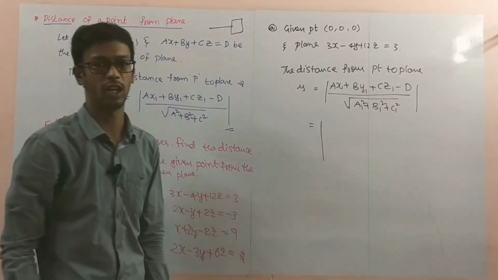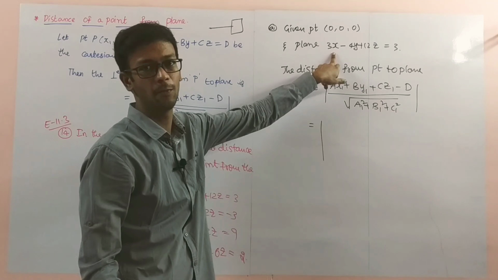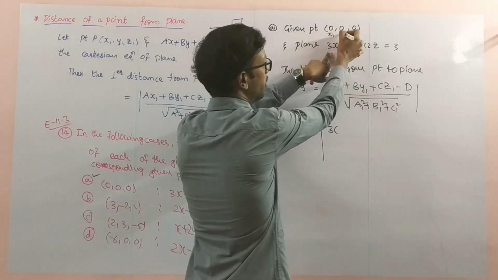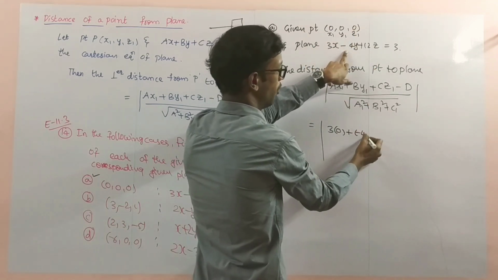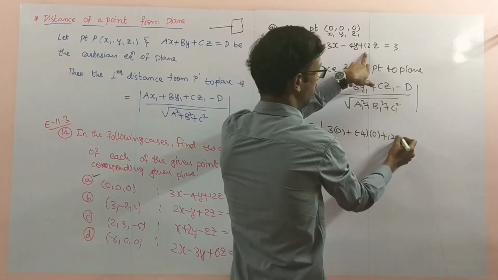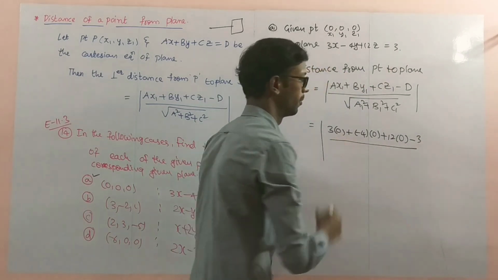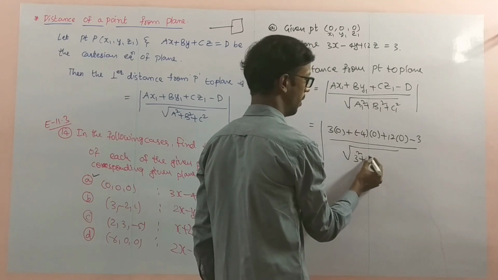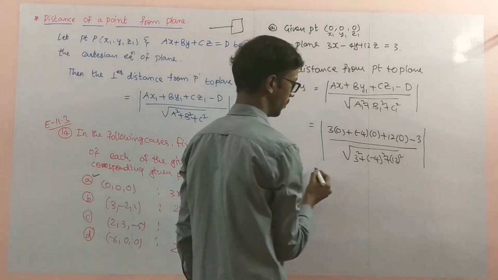That equals, substitute here. What is a? a means the corresponding coefficients of the plane. 3 into x1, this is x1, y1, z1. So 0 plus minus 4 into 0 plus 12 into 0 minus 3, divided by square root of 3 square plus minus 4 square plus 12 square.